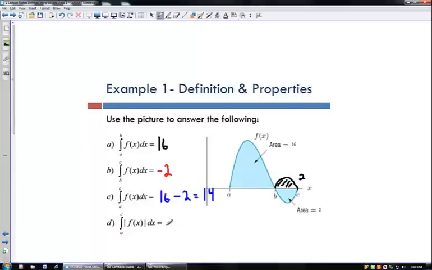And so what's going to happen is the integral from a to c, it'll take 16, and now it'll add 2, and so you'll get the actual area underneath the curve, which is 18. So be careful. When the function goes negative on you, the integral is going to count that as being negative quote-unquote area. So it won't add, it'll actually subtract.